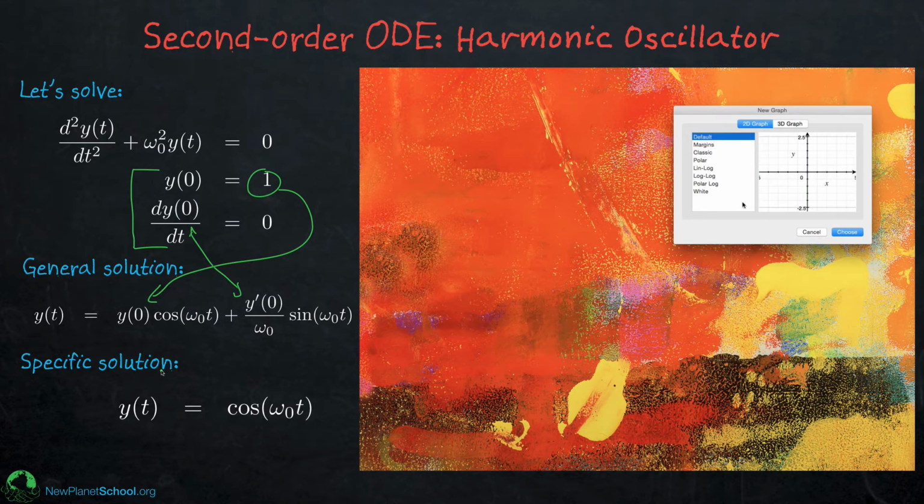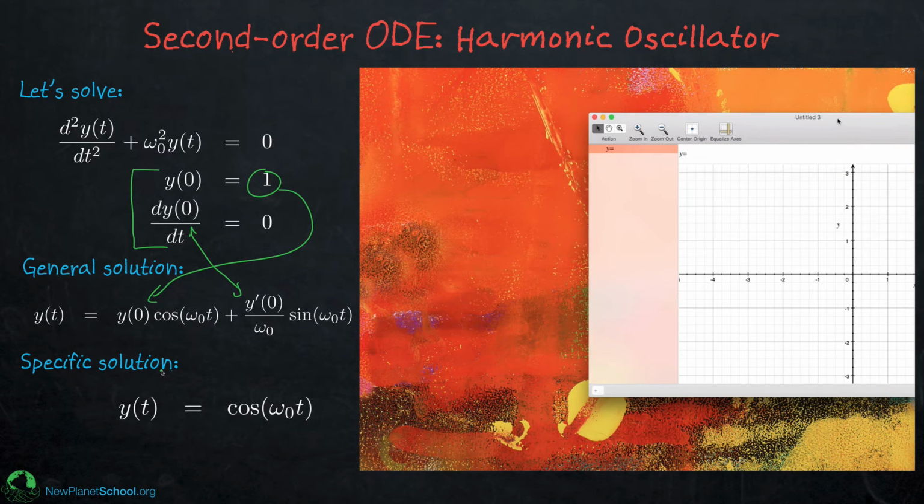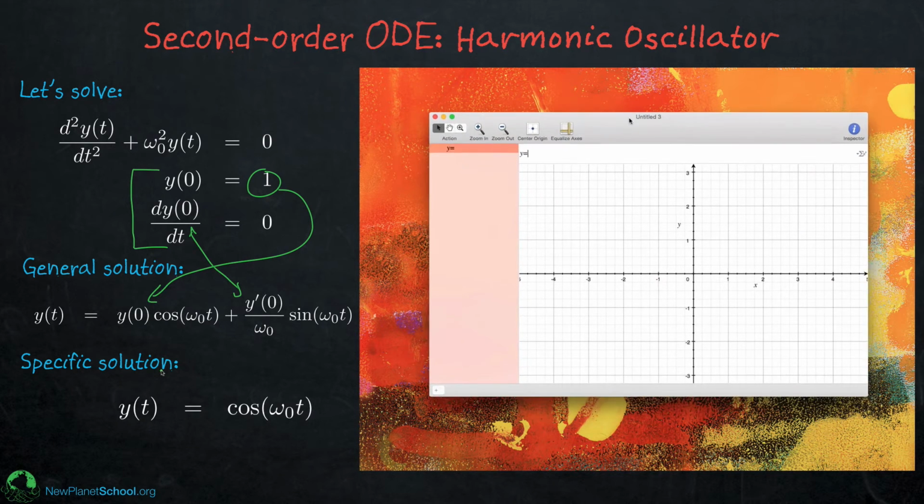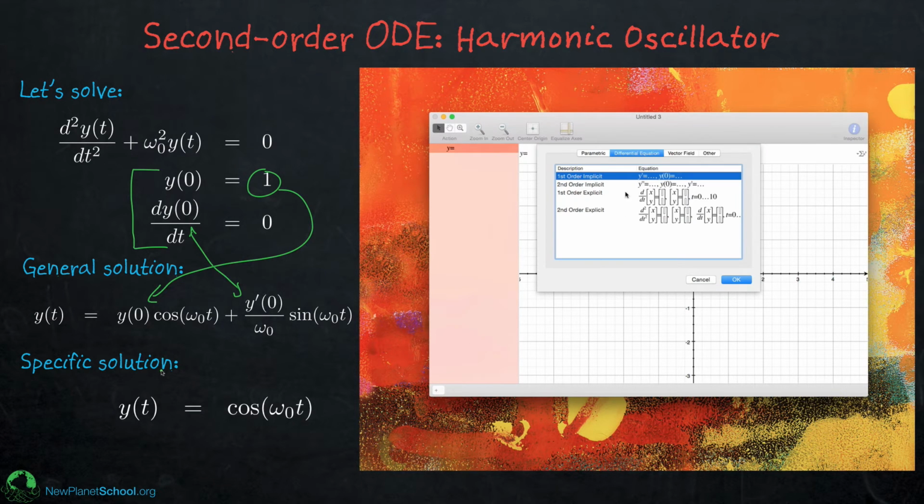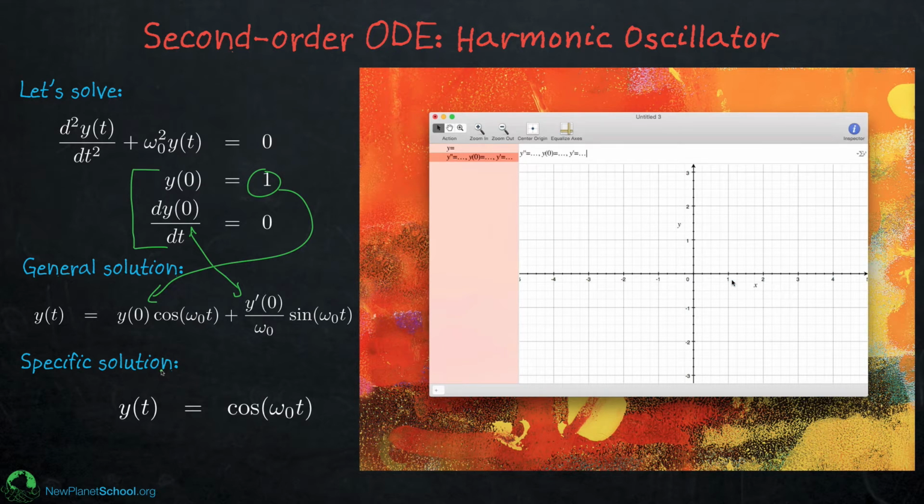So again, you go into MatGrapher, go under 2D graph, and we're going to go back to the template, and instead of choosing first order differential equation, we're going to choose second order differential equation. That's the second line. There it is. And MatGrapher knows that it needs two initial conditions, so it asks for them. So we can specify the equation itself.